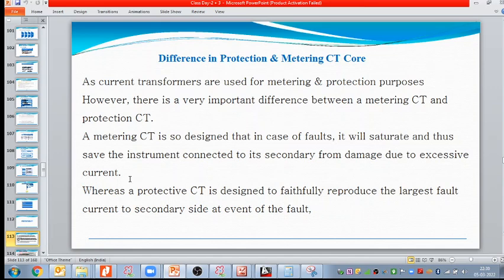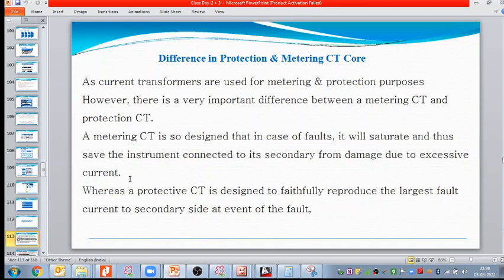Whereas a protective CT core is designed to faithfully reproduce the largest fault current to the secondary side in the event of a fault, without saturation, or we can say without mal-operation of the relay.